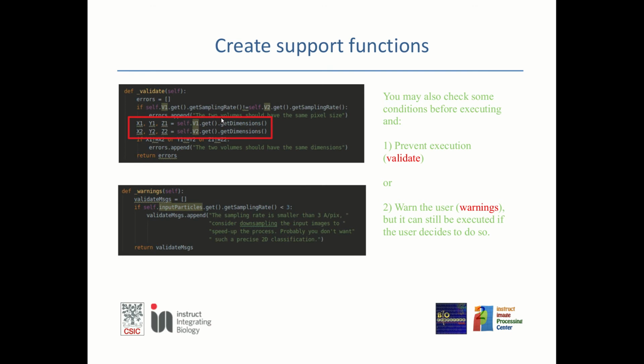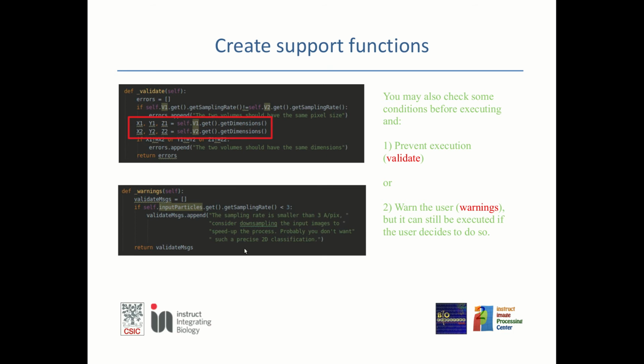So we get the dimensions of the input volumes, and then we check whether they are equal or not. If they are not equal, you cannot perform the subtraction, and then we stop. Before launching, Scipion is calling the validation routine of your protocol, and if it returns something that is not empty, then it will stop the execution. It will not even launch.